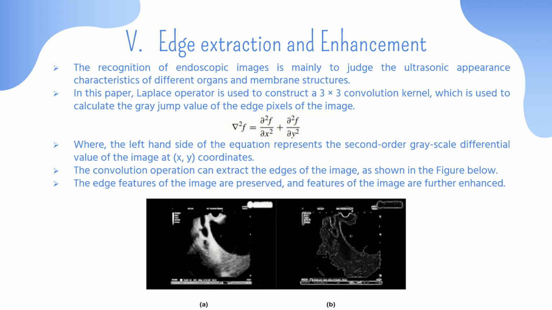So here we apply Laplace operator to construct a convolutional kernel which will help to detect all the edges of the organs using this above formula which is mentioned. So here in the diagram we can see that the convolutional operation can extract the edges of the image, and the edge features of the image are preserved, and the features are also further enhanced.